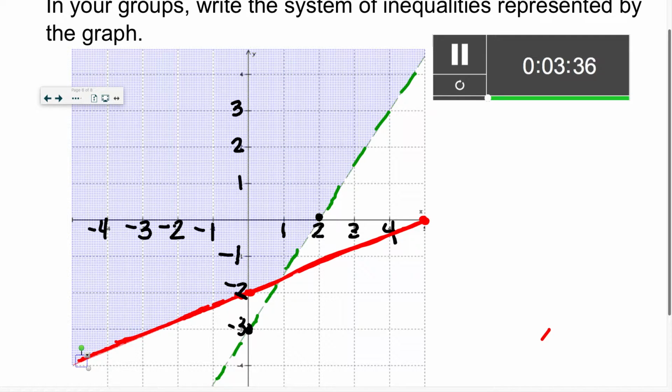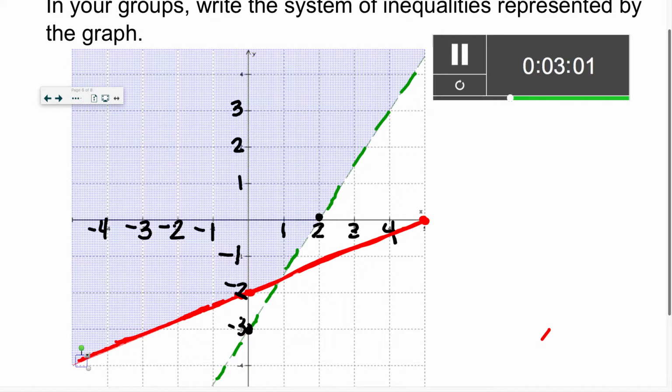Wait, we could go 0, 0. So 0 minus 2 is negative 2.